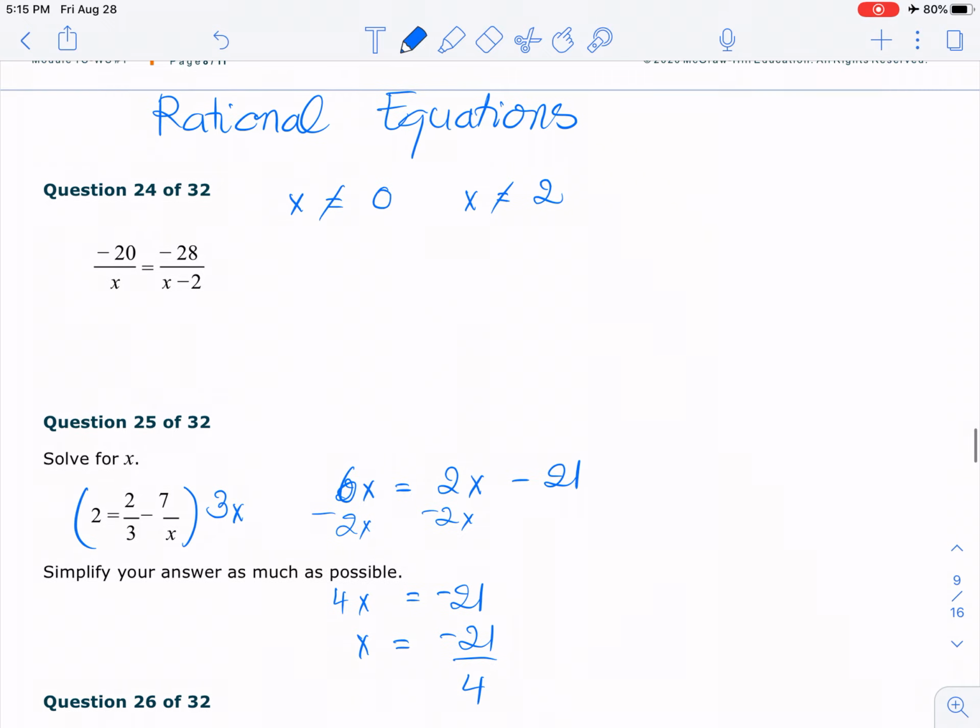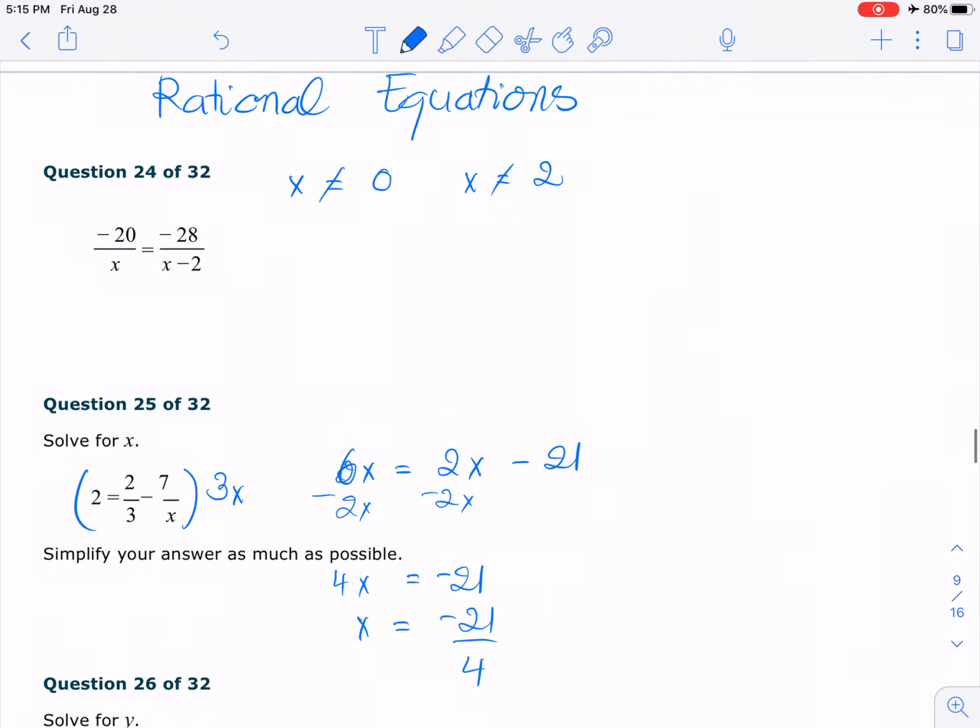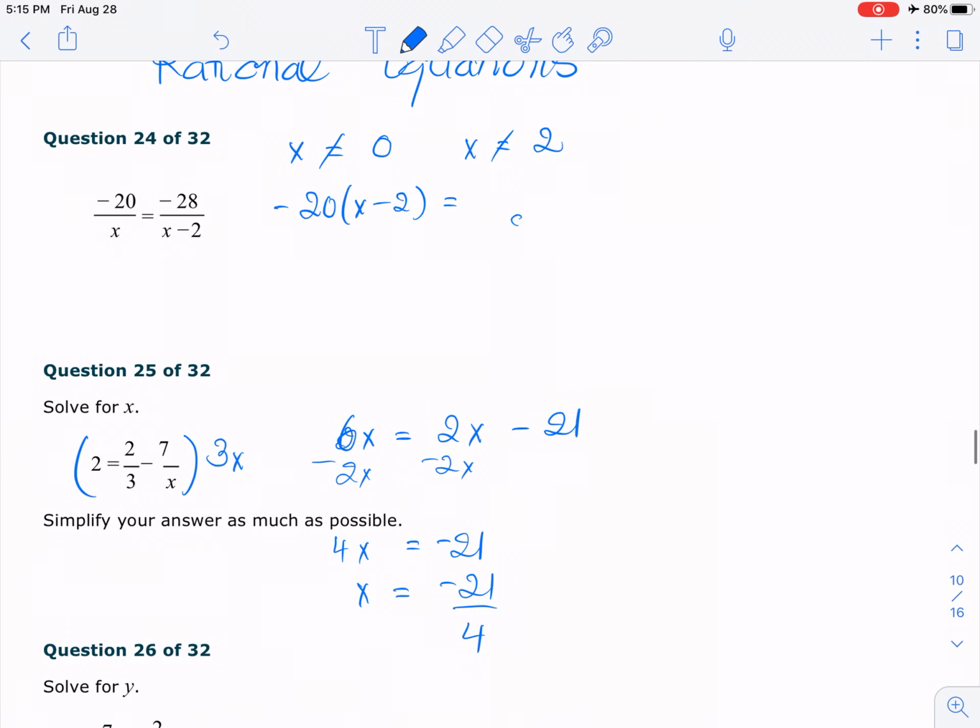Now for number 24, hopefully you recognize that this is a proportion problem, so we simply cross multiply. So we have negative 20 multiplied by x minus 2 and negative 28 multiplied by x. So what I have is negative 20x plus 40 equals negative 28x.